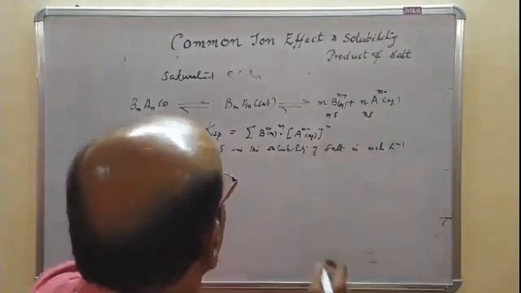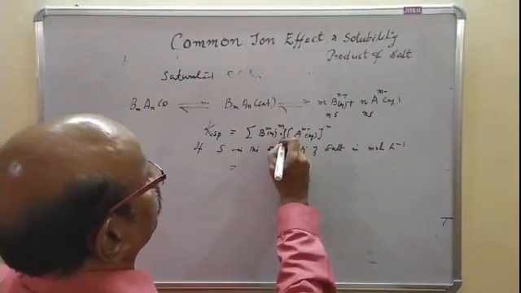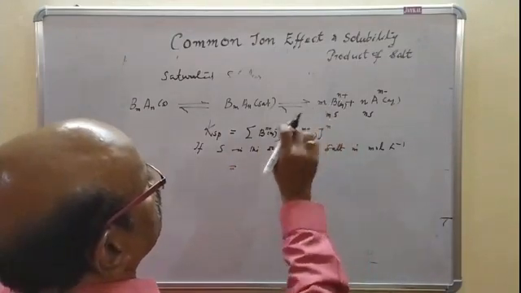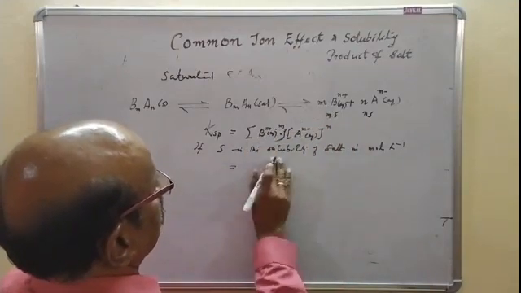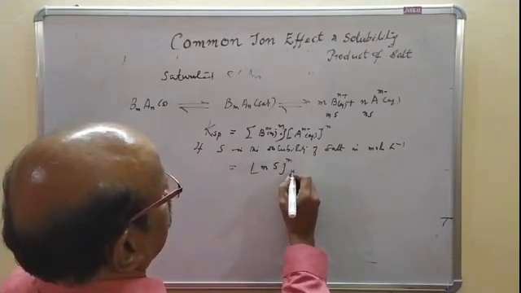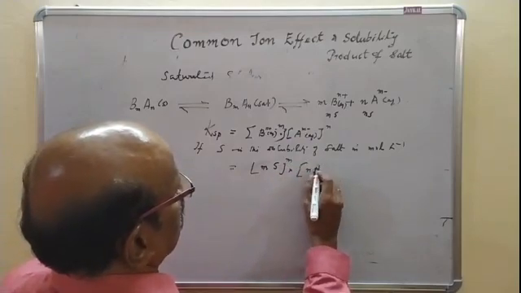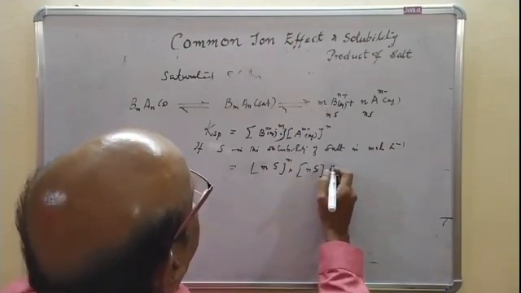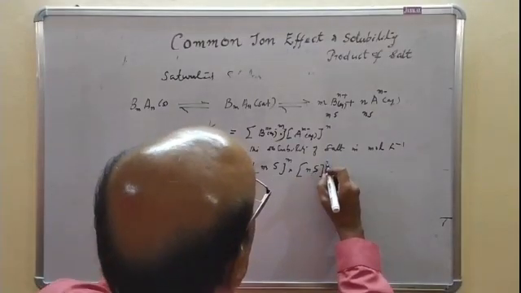Therefore, the concentration of B n plus ion is mS, raised to m, into the concentration of A m minus ion, nS, raised to n.